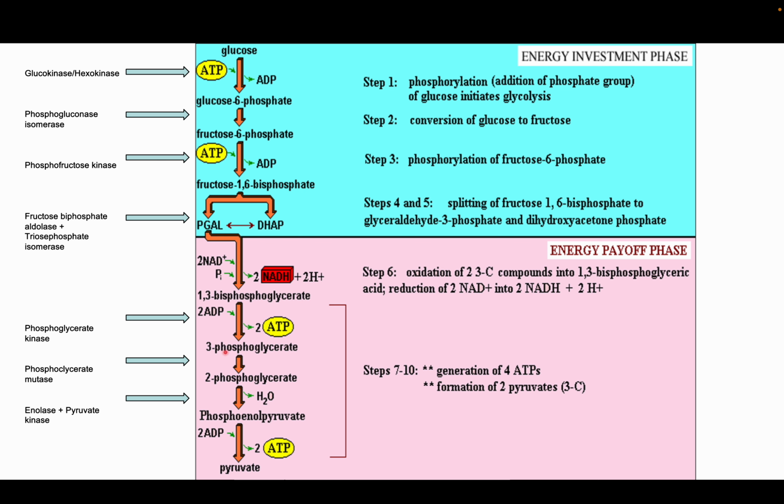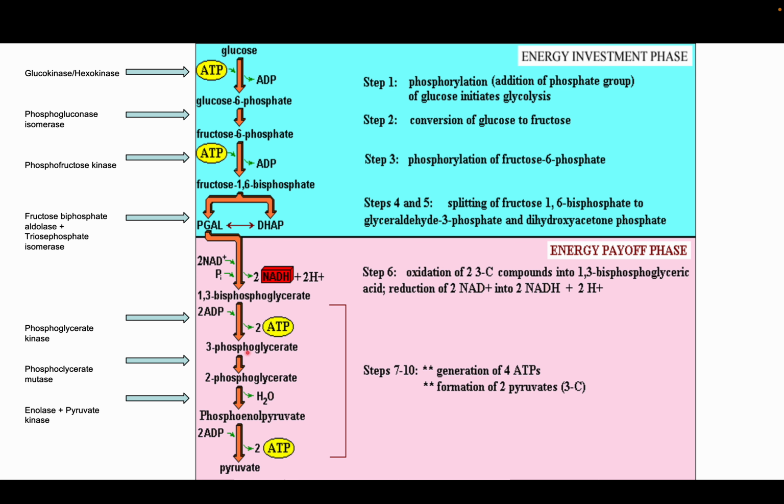Furthermore, further down the line, 3-phosphoglycerate is transformed to 2-phosphoglycerate with the catalysis of phosphoglycerate mutase. In the process, water is actually released.